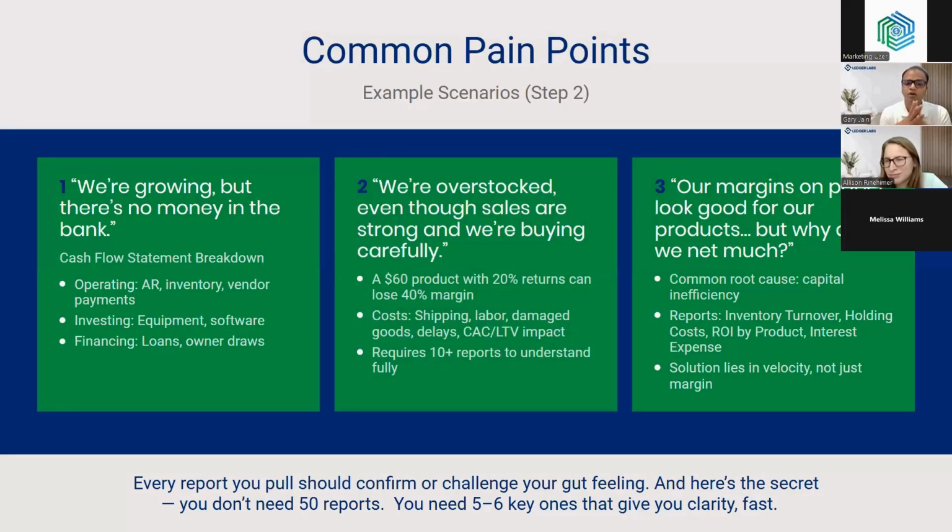What we do is pull all the shipping cost reports to capture return freight, labor and restocking reports to quantify resources consumed at warehouses, return damage reports to measure unsellable or lost inventory, cash conversion and working capital reports to show how returns slow your cash cycles, and marketing ROI and LTV versus return rate to expose inflated customer acquisition cost and reduced profit per customer.